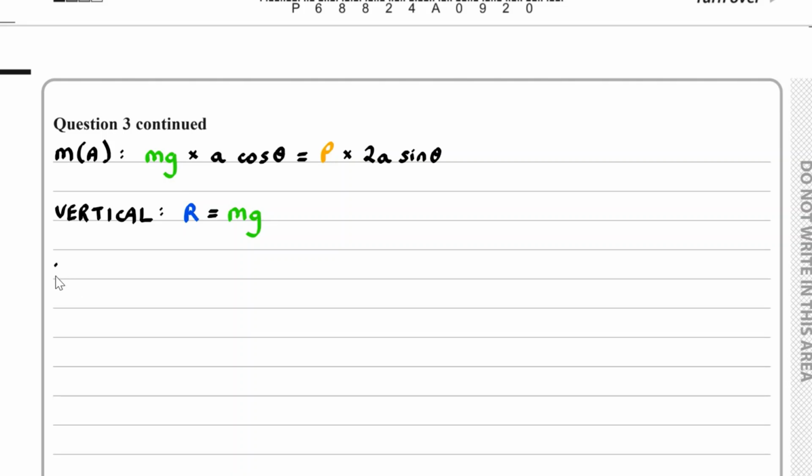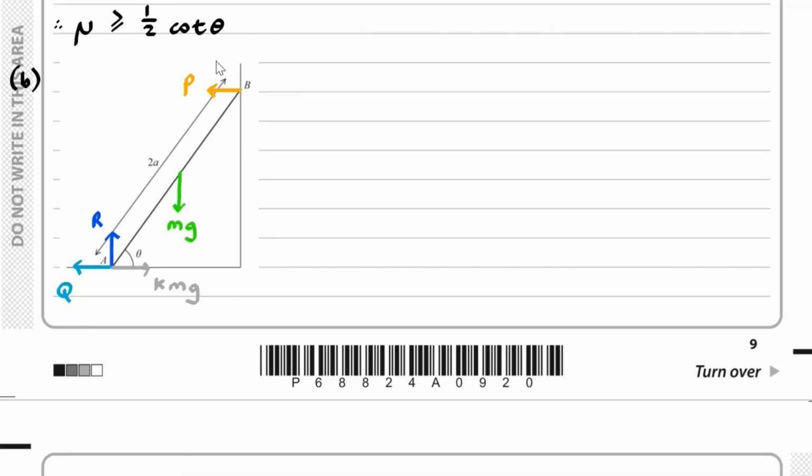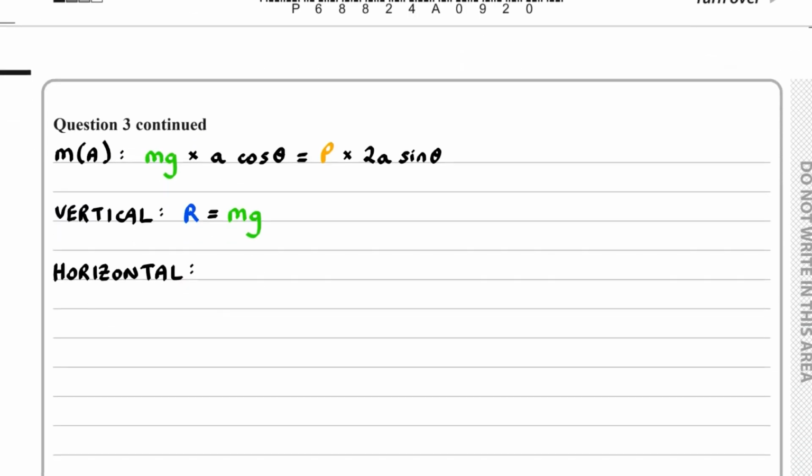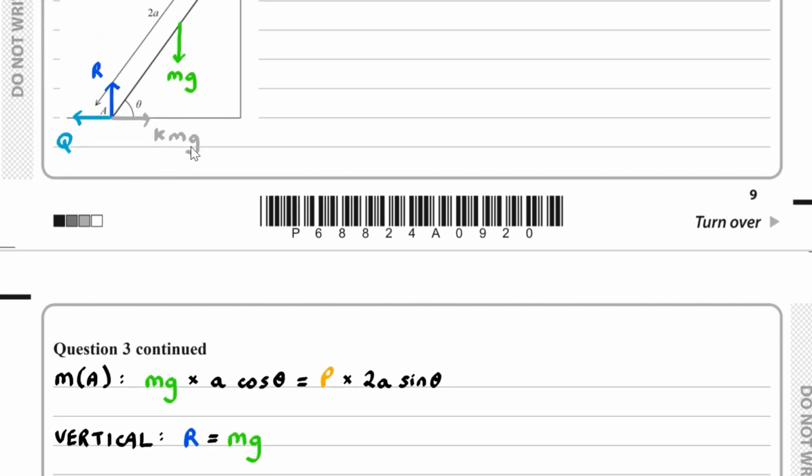And if we resolve horizontally, we have P plus Q, so let's just write this down. We have P plus Q equals kmg.